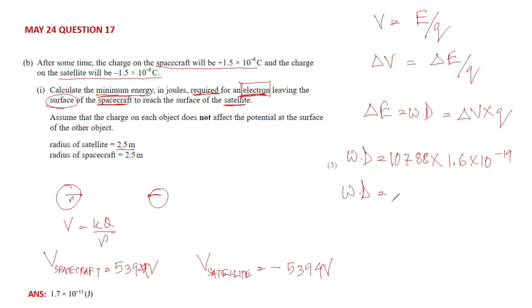So the work done is 1.7 times 10 to the power minus 15 joule, which also matches with the mark scheme.